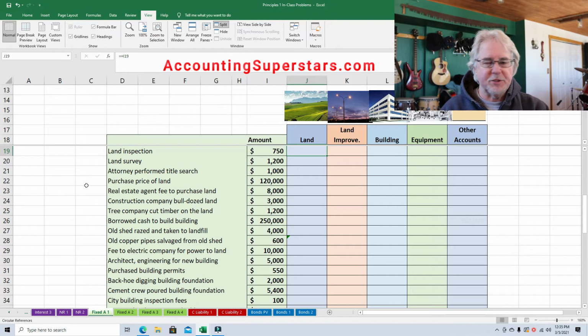So the first thing that happens here with Fred is Fred is having a land inspection. Fred is considering buying land, and he's got to pay an inspector to come out to the land and look it over, and it costs $750. So all costs that get an asset ready for use, that's what we want to include.